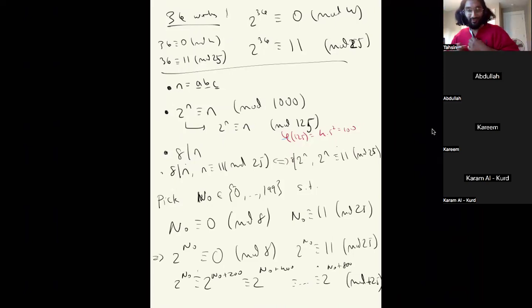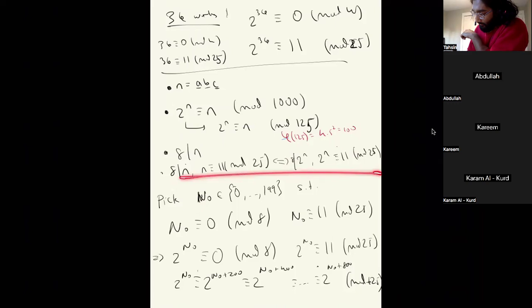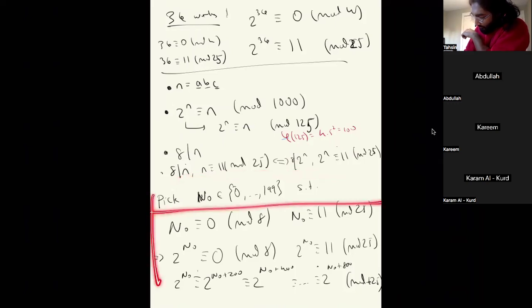Sorry, I'm doing a very bad job of explaining what I'm saying here. So n0 solved this congruence, which means that both n and 2 to the n are equal mod 8 and mod 25.